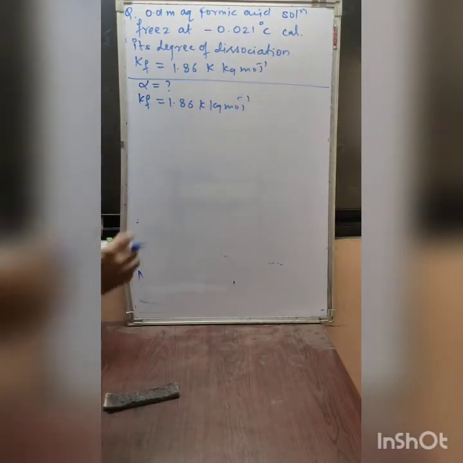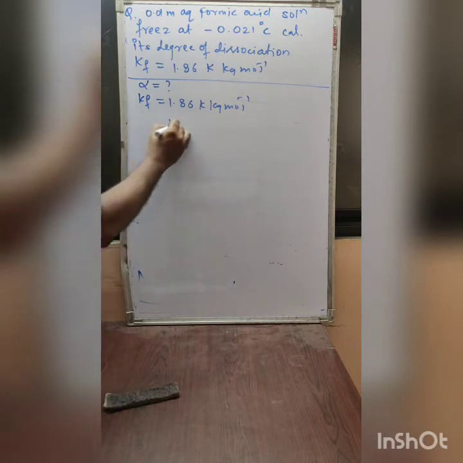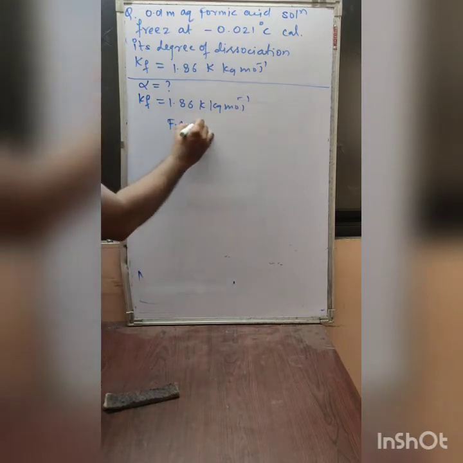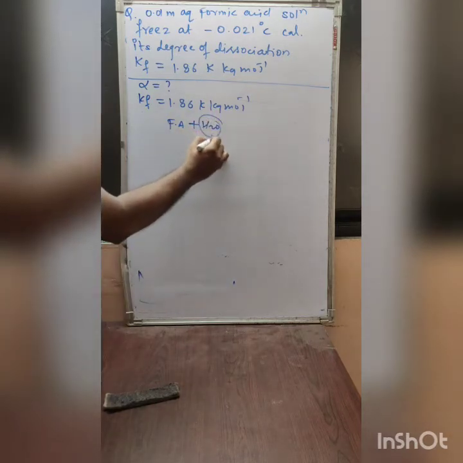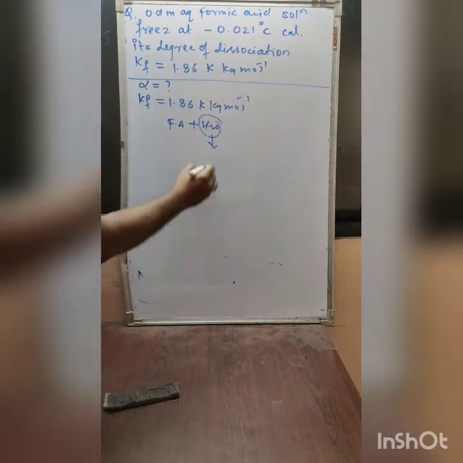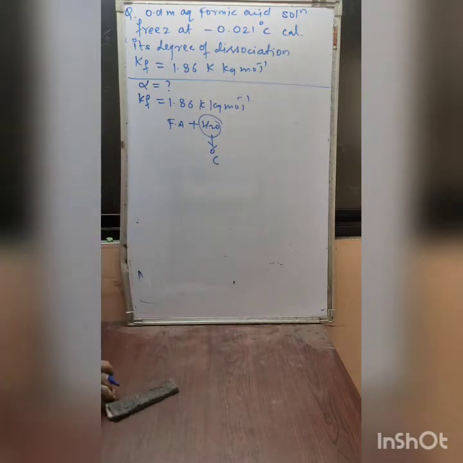Now what is given in the numerical? Formic acid and water. Water has a freezing point of 0 degree Celsius.